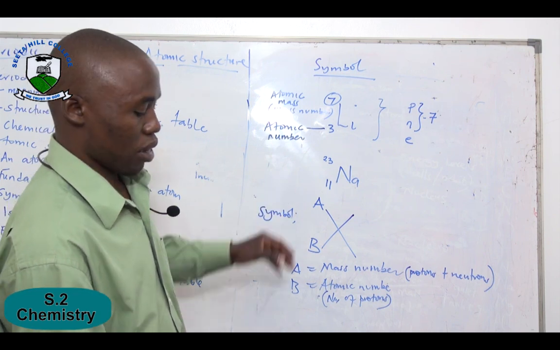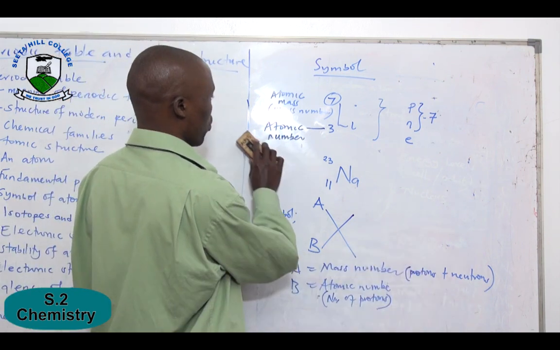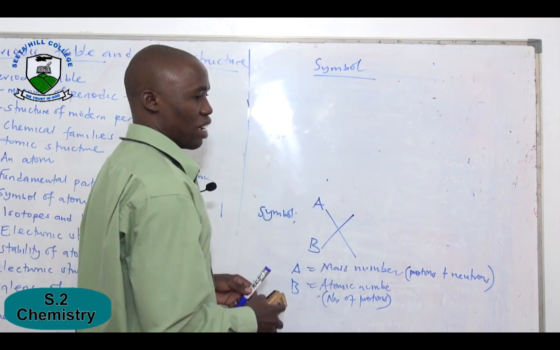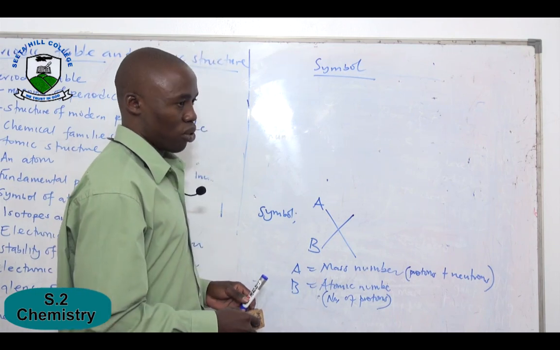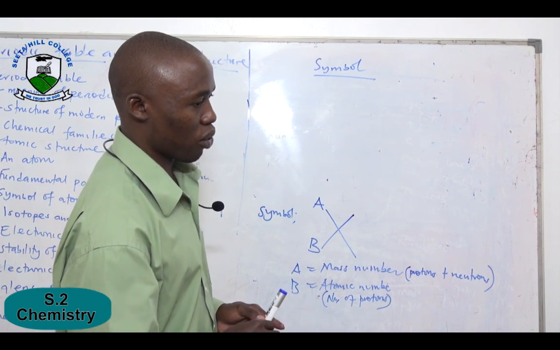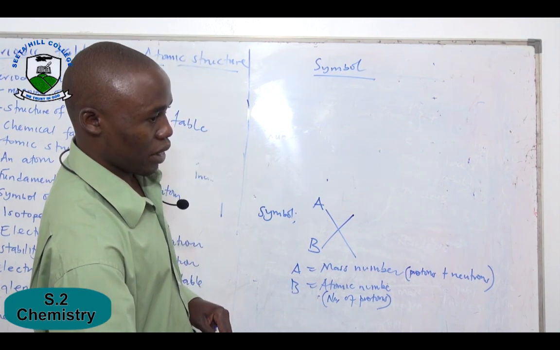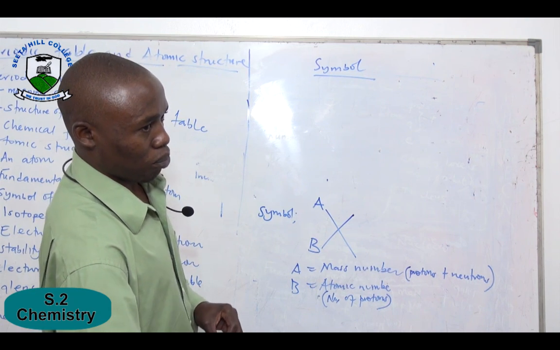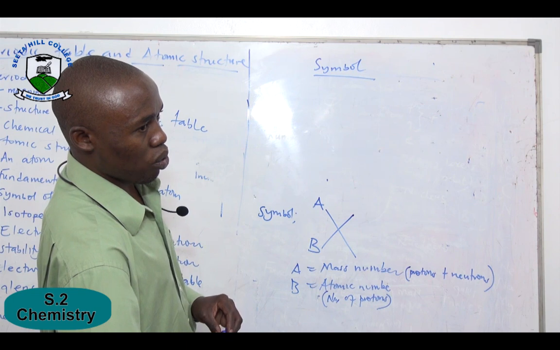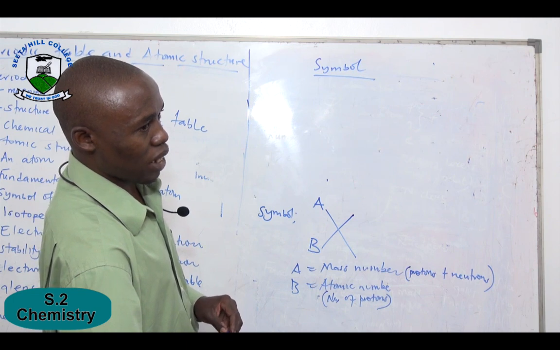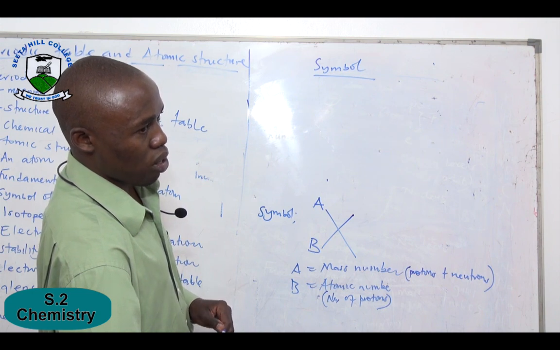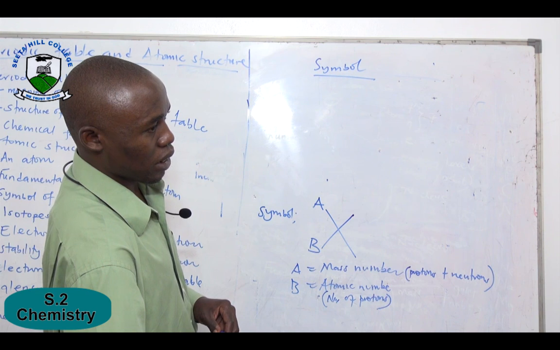Let us first define here that atomic number is the number of protons in the nucleus of any atom, because protons are located in the nucleus. Mass number is the sum of the number of protons and neutrons in the nucleus of an atom. Do you get that right?